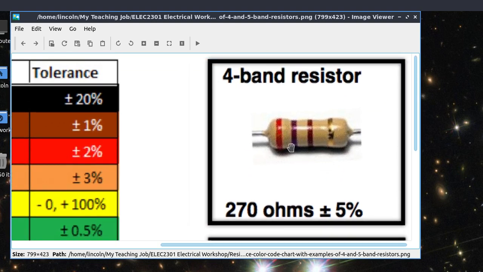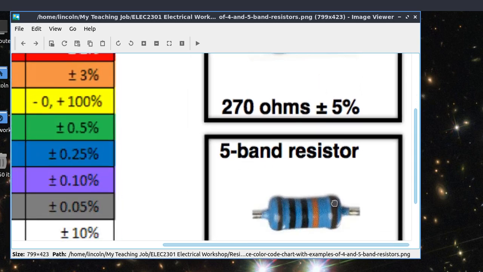For the 4-band resistor, first color, first digit, second color, second digit, then the multiplier and tolerance. It's always digit, digit, digit, then multiplier, then tolerance. That's the pattern. Alright?